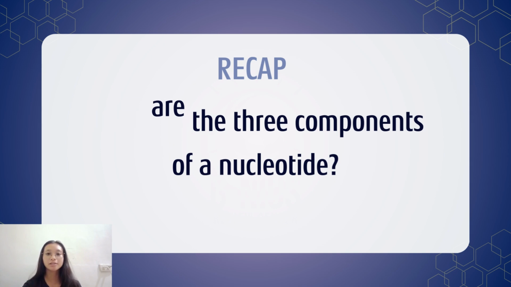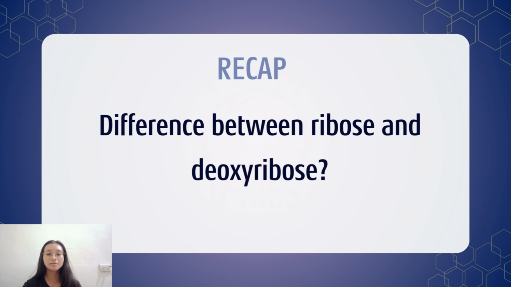Now for your next question, what is the difference between a deoxyribose and a ribose? A ribose has an OH group on its 2' carbon, while a deoxyribose only has a hydrogen.